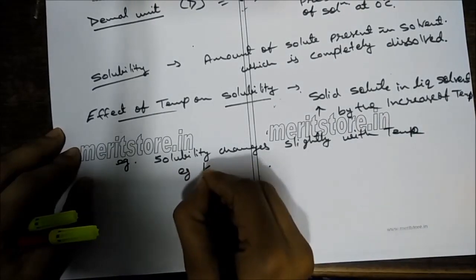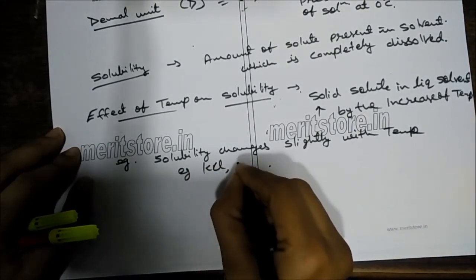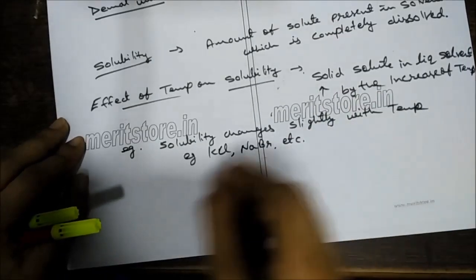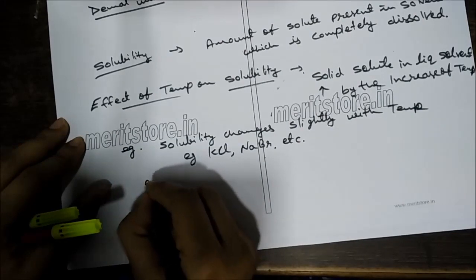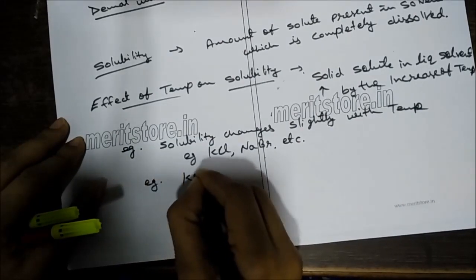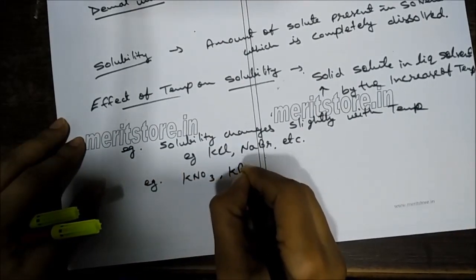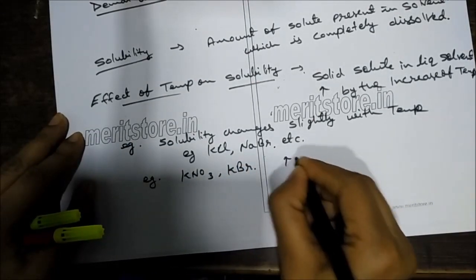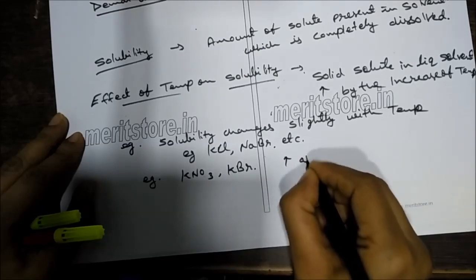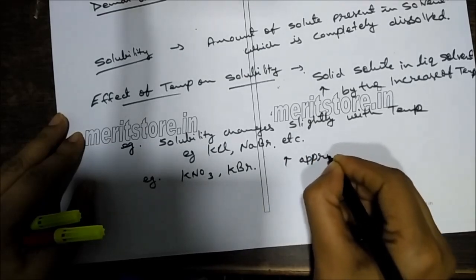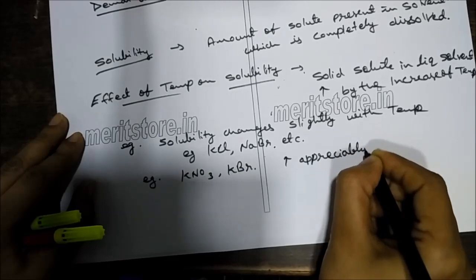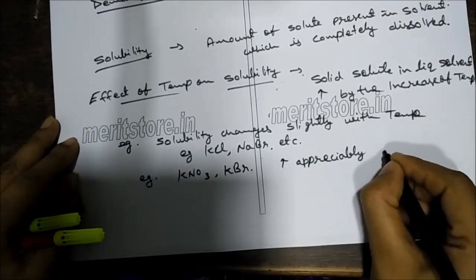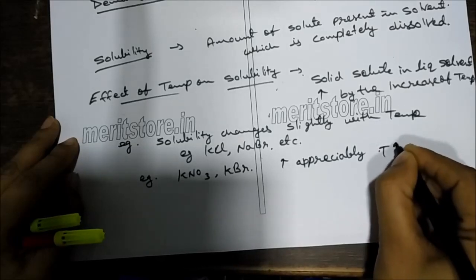Examples are potassium chloride, sodium bromide, etc. For compounds like potassium nitrate, potassium bromide, the solubility appreciably increases with the increase in temperature.